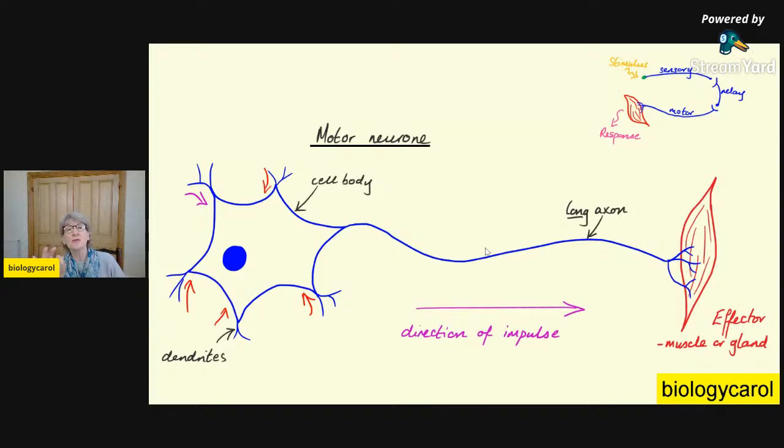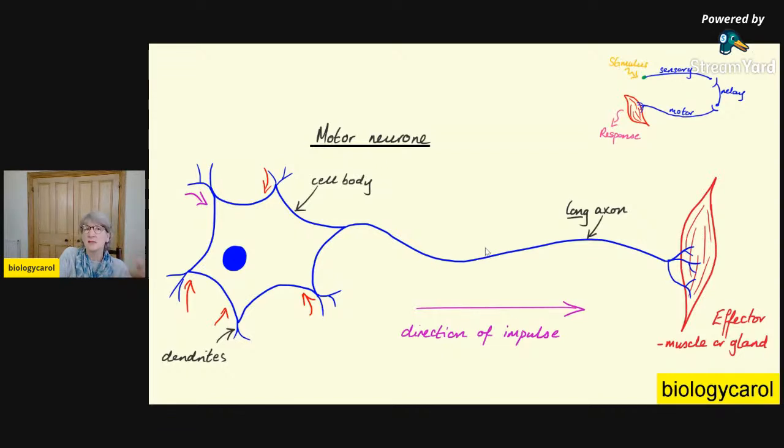So the axons on motor neurons are kind of stupidly long. Hugely, significantly longer than the axons in sensory neurons, because of course the cell body is right close to the CNS. The axon is only taking the message into the CNS. The motor neuron is taking that message, well, I should say never call it a message at A level, either a nerve impulse or action potential.